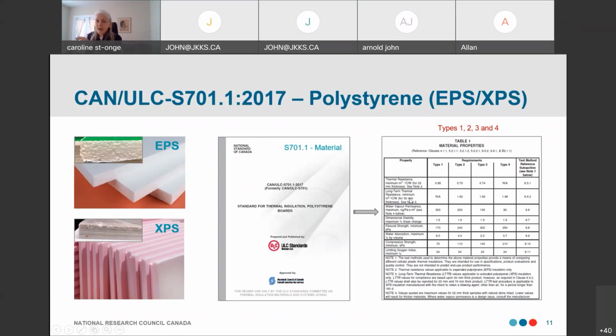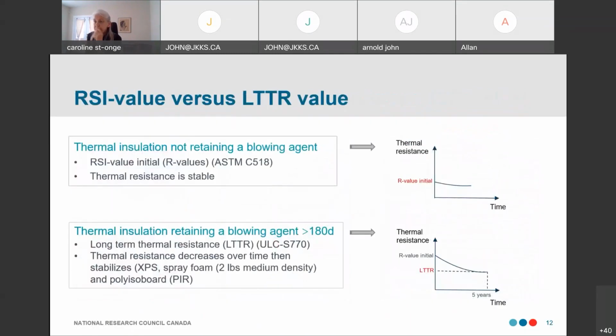Some insulation, especially the plastic insulation, some of them, the thermal resistance decreases over time. So it's important to assign the proper test depending on the product. Let me explain. The first part of this slide on the top here is related to insulation for which the thermal resistance does not decrease over time.